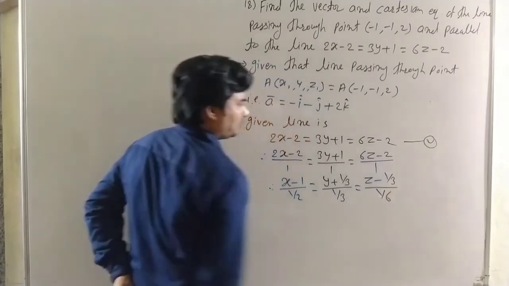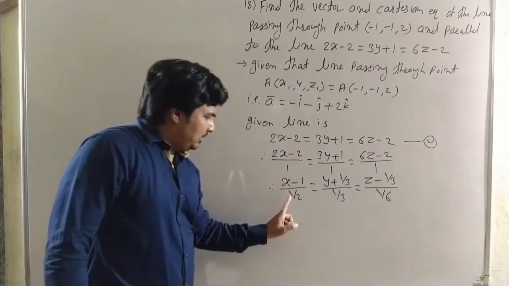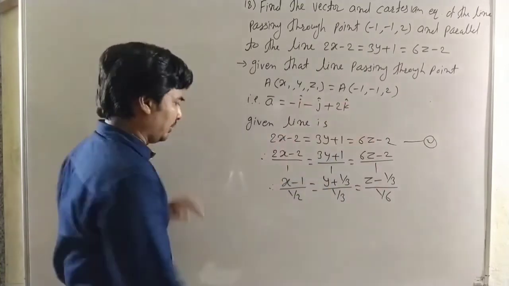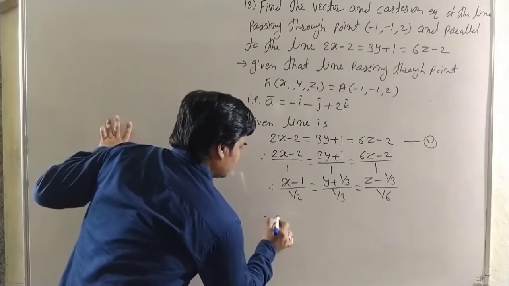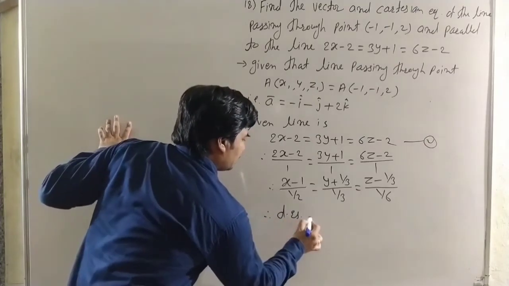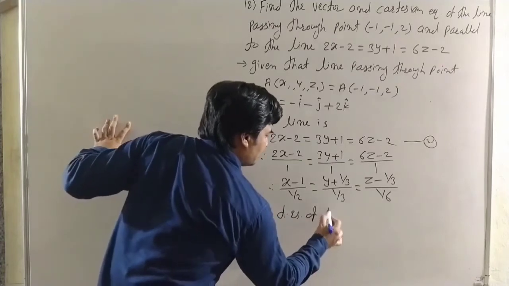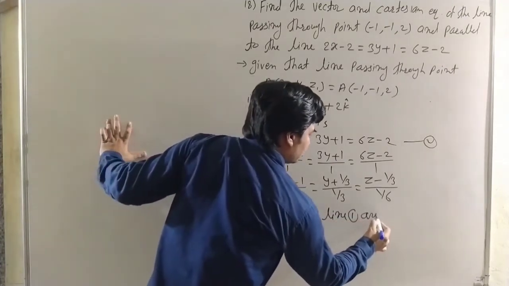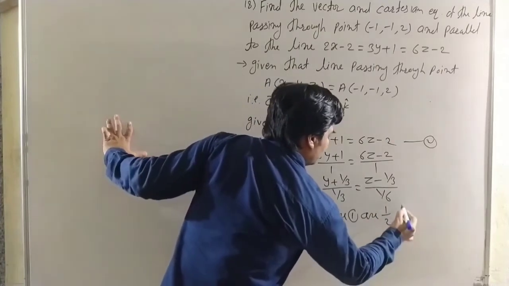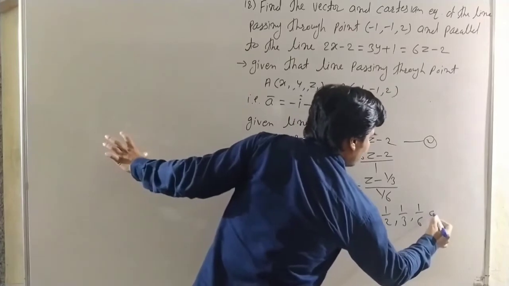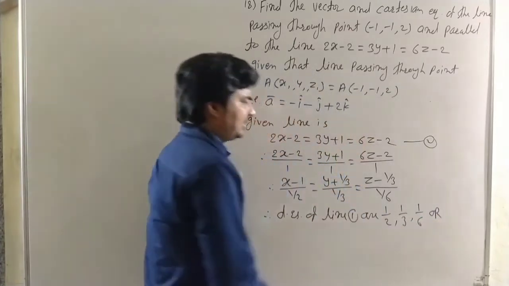See carefully. Now these 1 by 2, 1 by 3 and 1 by 6 are the direction ratios of line 1. Therefore the direction ratios of line 1 are 1 by 2, 1 by 3 and 1 by 6.